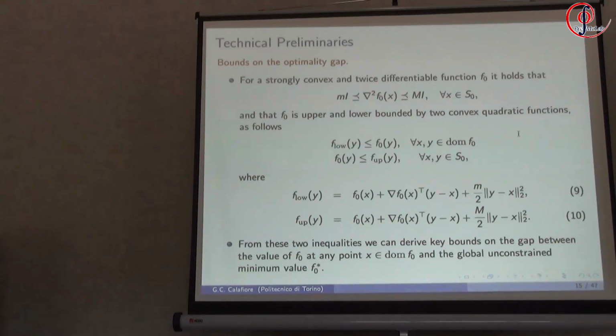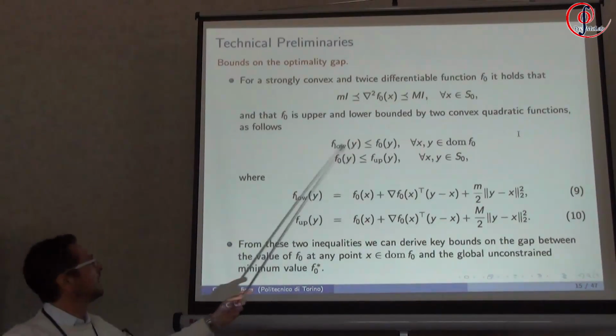I showed that before. So if the function is strongly convex, at any point in the domain, I can find a quadratic upper bound on the function and a quadratic lower bound on the function. So I can sandwich the function between two convex quadratic functions, one from above and one from below. Here is what I mean.